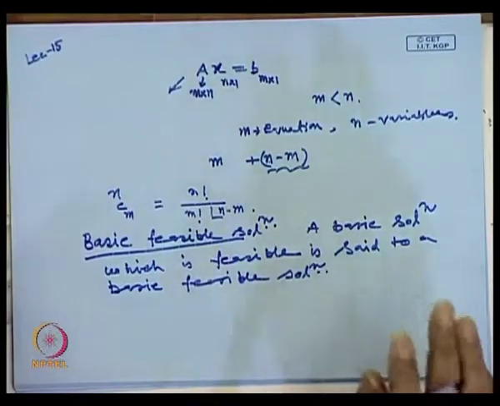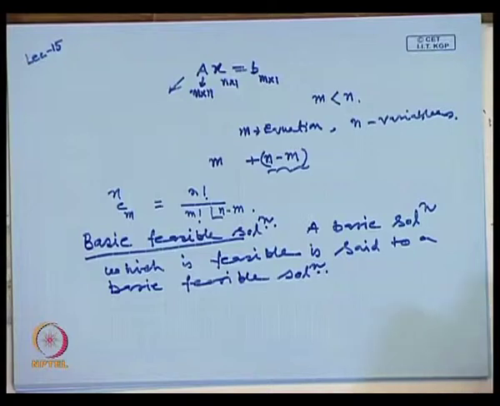That means, a basic solution which satisfies all the constraints associated with the optimization problem is called a basic feasible solution. A solution may be a basic solution, but if it does not satisfy all the constraints associated with the optimization problem, then this solution is called a basic non-feasible solution, and that solution is not acceptable.